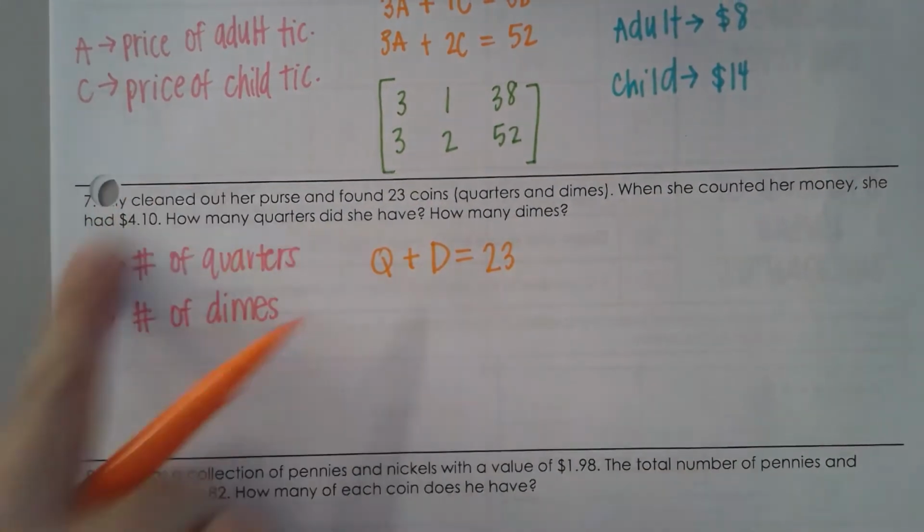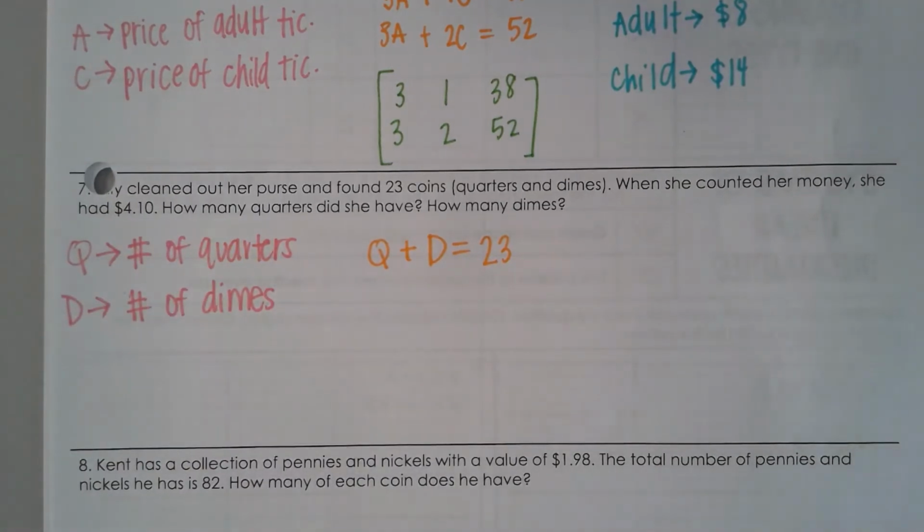And then we also have the total amount of money. So how do I put that into an equation? It's not going to be Q plus D because that would be the number of coins that I had. How much is each of them worth? 25 and 10. Yep.